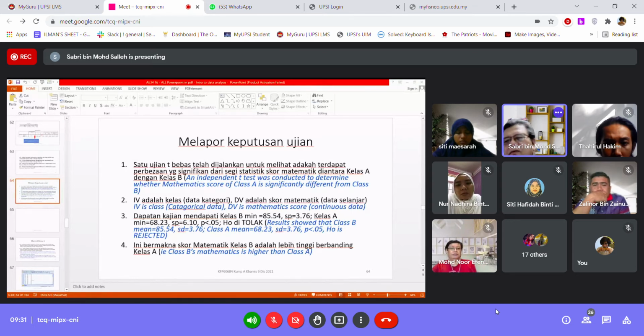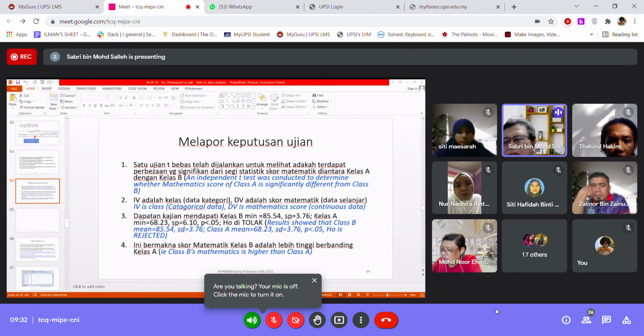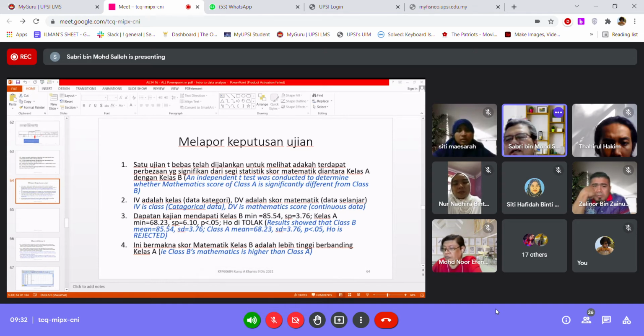Number 2, we must know what is the independent variable and what is the dependent. The independent is always categorical. Okay, nombor dia nominal data. But the dependent is always continuous data. Yang ni sama ada scale atau ordinal. Number 3. Finding ni dapat apa? In this example, class B mean dia whatever, standard deviation whatever.